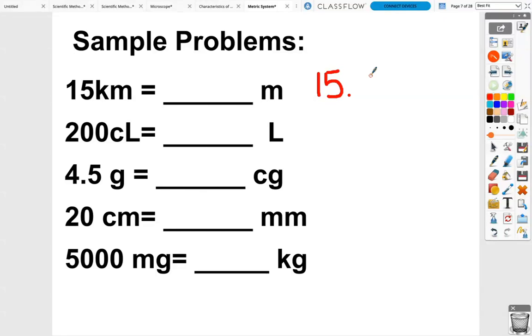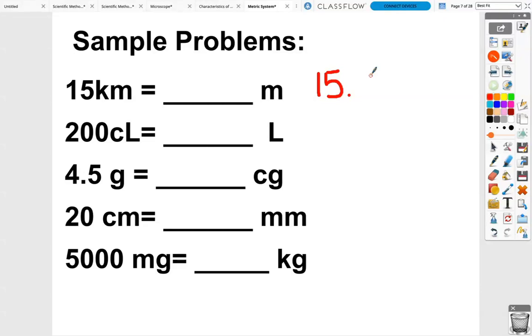The cool thing with the metric system is that since it's units of 10, all you have to do when dividing by 10 or multiplying by 10 is move your decimal. You can go through stoichiometry and have a longer way of doing these problems, and you may have done that in chemistry before, but we're just going to convert by moving the decimal, understanding that when we move the decimal, we're either multiplying by units of 10 or dividing by units of 10.